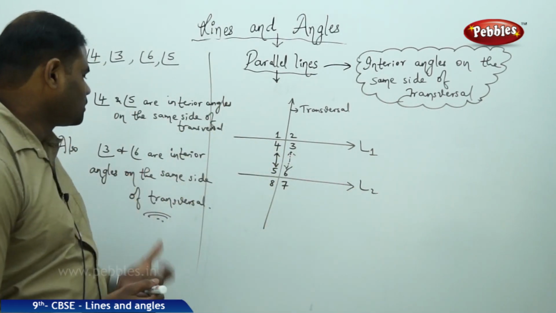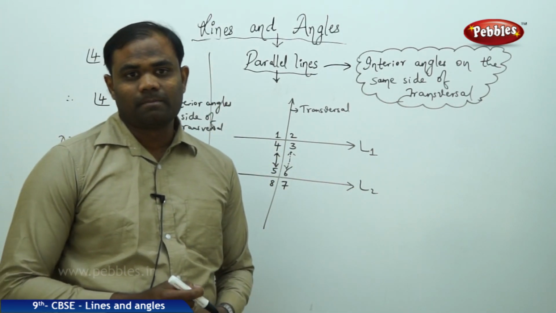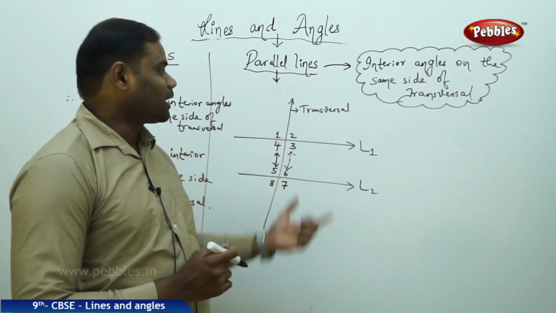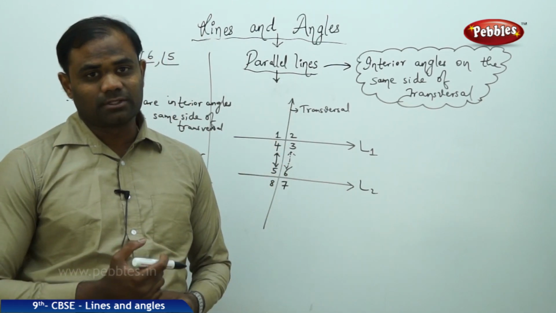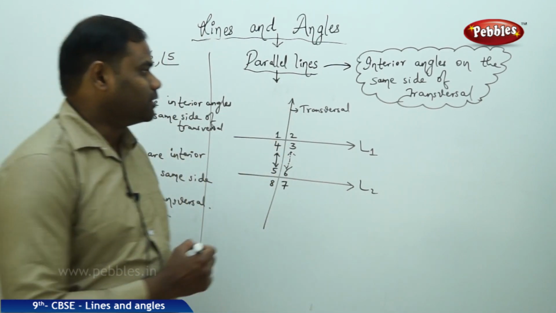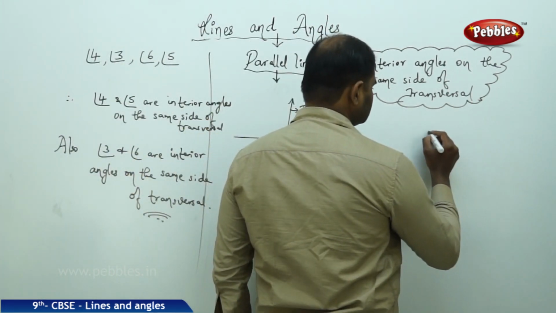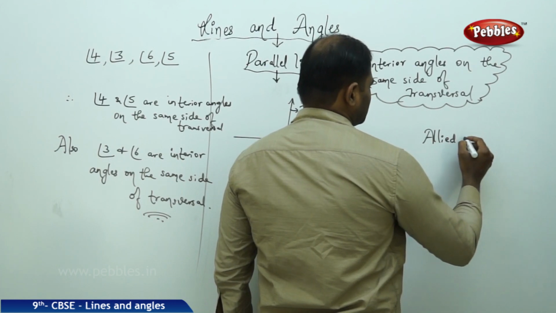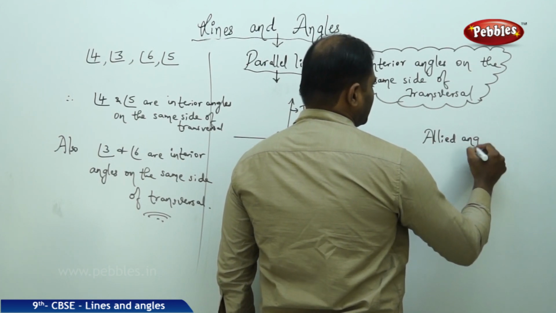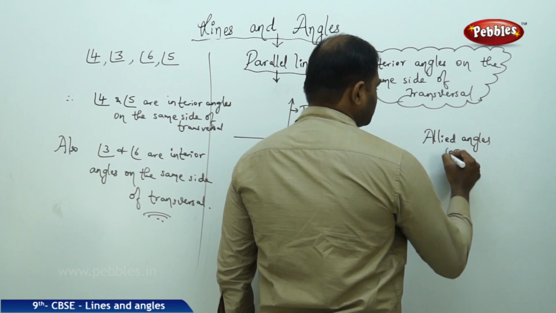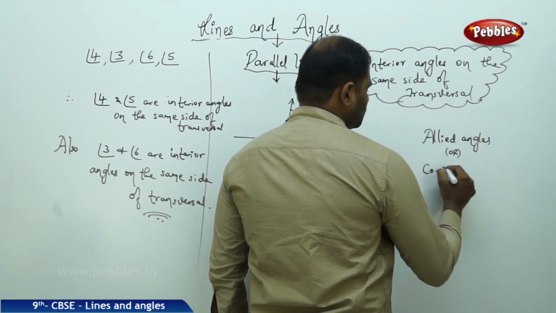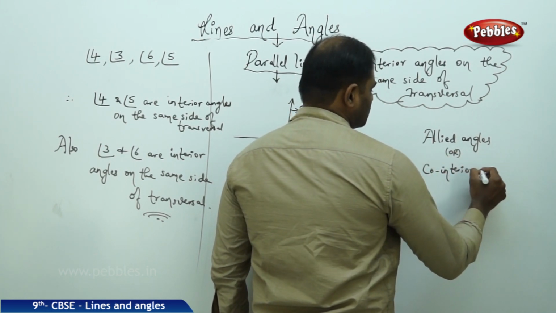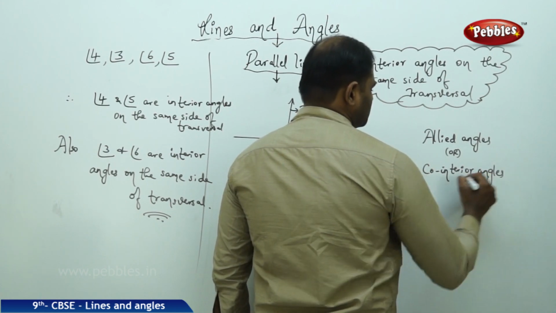Interior angles on the same side of transversal. Also, the interior angles on the same side of transversal are referred to by the names allied angles, or they are also referred to as co-interior angles.